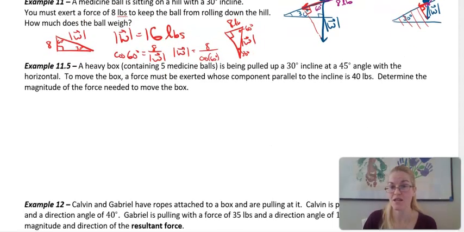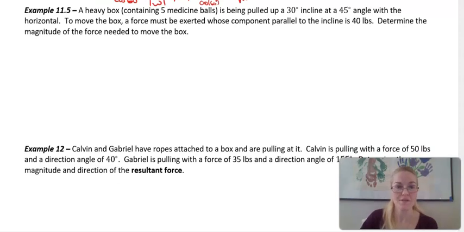I've got a 30-degree incline, so let's draw that again. Only now instead of just a ball, it's a box of balls. And this box has a weight going down, and it is going to slide down here, but it is being pulled up the incline.